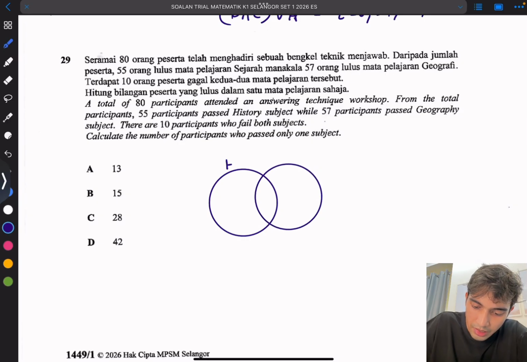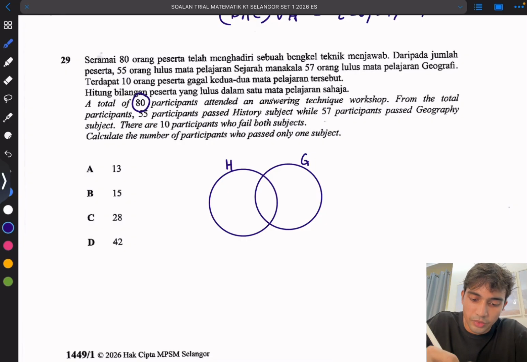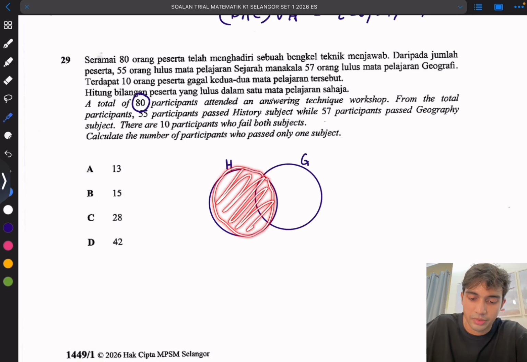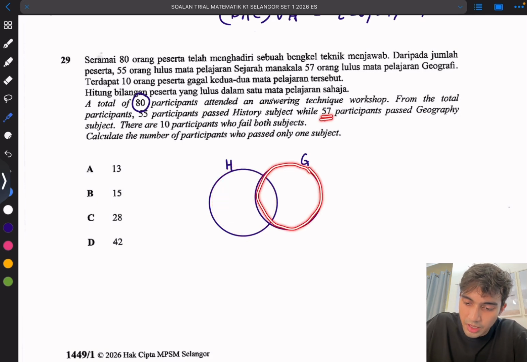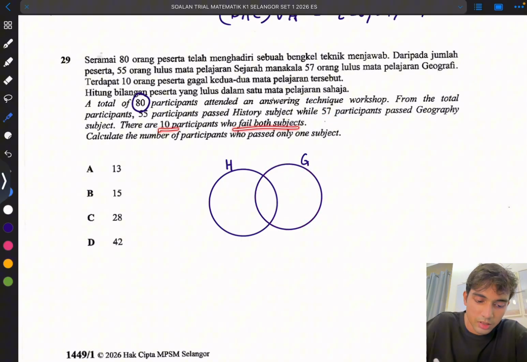This one is history, this one geography. So they said total got 80 participants, 55 passed history. So all of this equals to 55. 57 passed geography, all of this equals to 57. 10 participants fail both. Fail means outside, we put it outside.